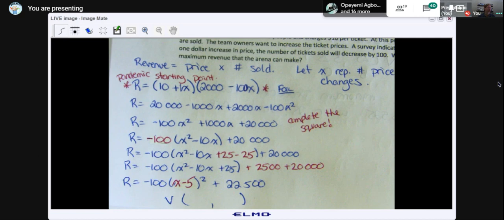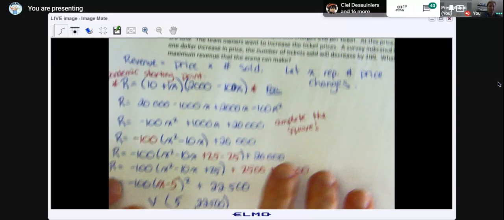What's the actual context? 5 is our x value. Okay. So x, and that's revenue. Good.